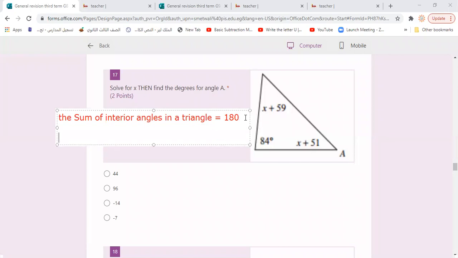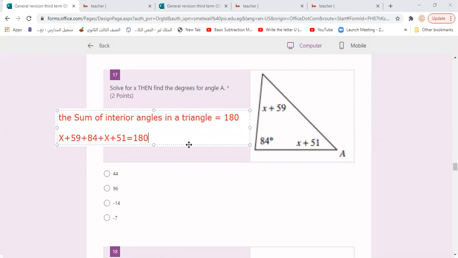After that, you will add x plus 59 plus 84 plus x plus 51. This is equal to how many? Equal 180.